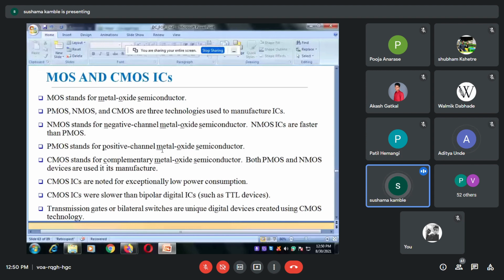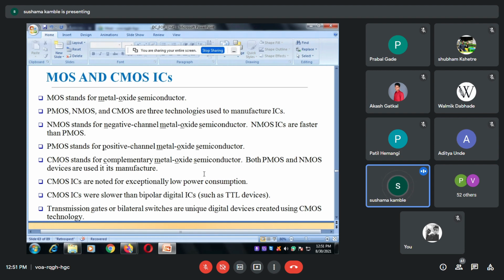There are three types. What is that? PMOS, NMOS, and CMOS. That is positive, negative, and C for Complementary. Very good. So PMOS, CMOS, and NMOS. What is the advantage of using CMOS IC?